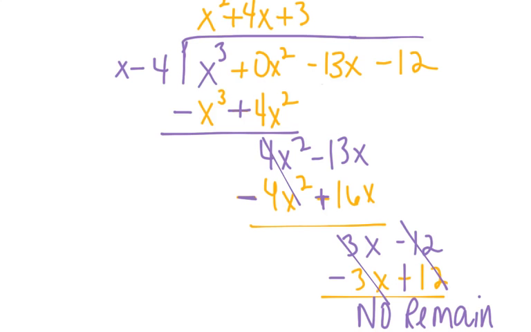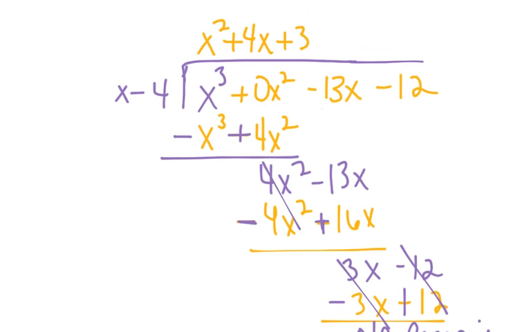Okay, no remainder. Alright, so our quotient, or our solution, I should just say quotient, to this is x squared plus 4x plus 3. We will take it a step further when we solve our equations, but for now, I will leave it just like this. So thanks for watching.